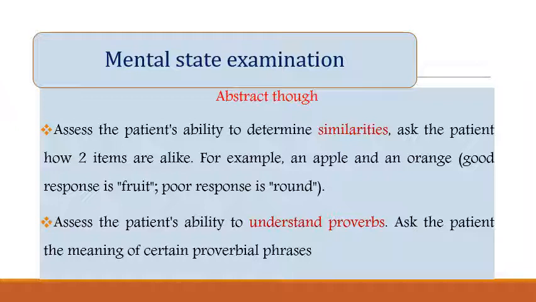The good response, he will say that both are fruits, but the poor response, he will say they are round. If he says these items are round, the patient has concrete thinking or non-abstract thinking.